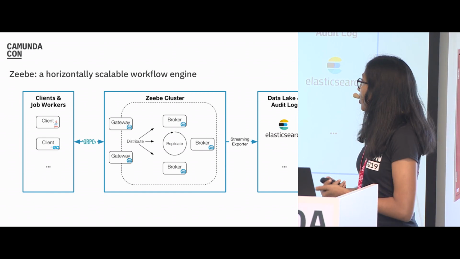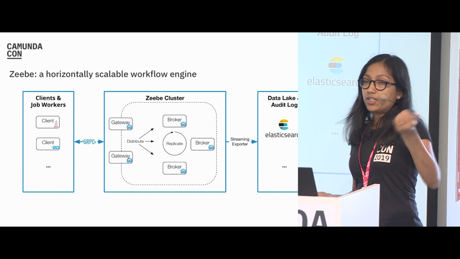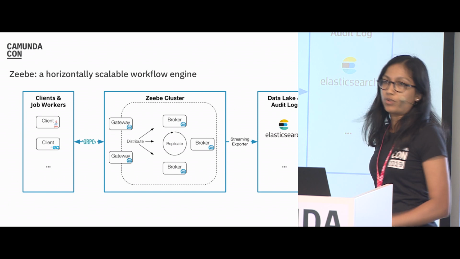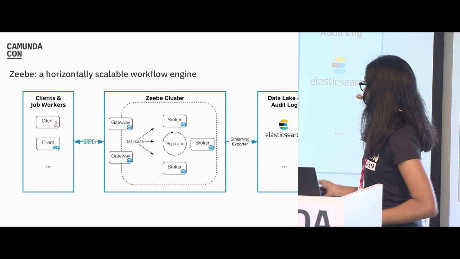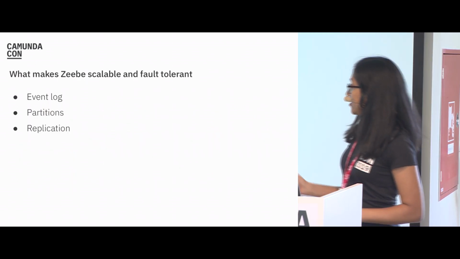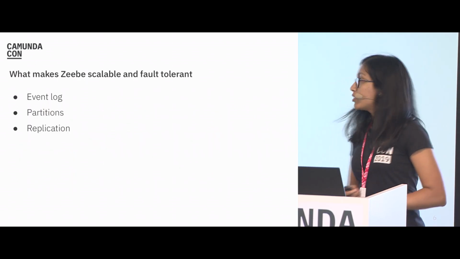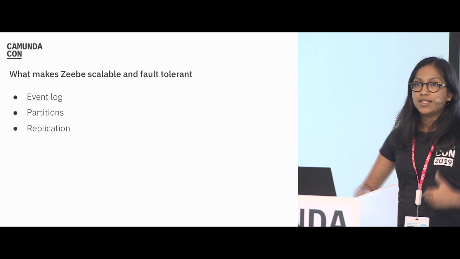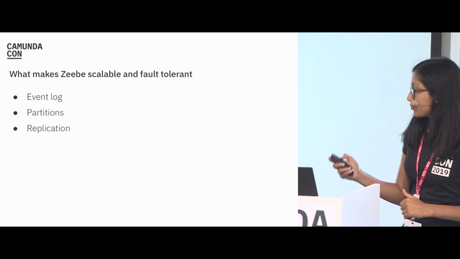The cluster can have one or more gateways. The gateway receives requests from the clients and then distributes them among the brokers. So I'm going to zoom in here and discuss three main concepts, event log, partitions, and replication, that make Zeebe scalable and fault tolerant.